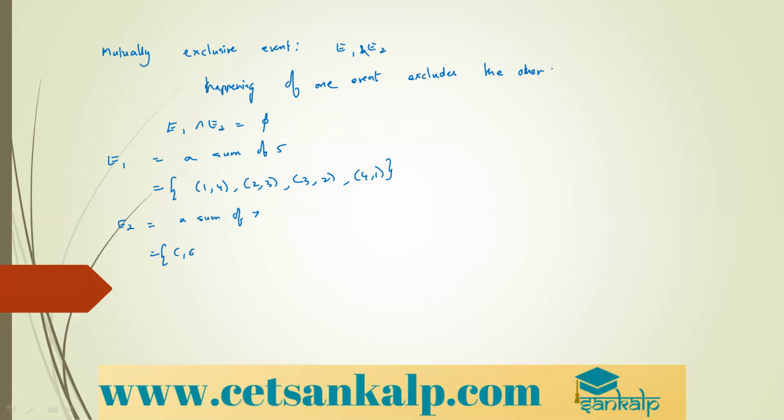So it has 1 plus 6, 7, 2 plus 5, 7, 3 plus 4, 7, 4 plus 3, 7, 5 plus 2, 7, and 6 plus 1, 7. You can see that there is nothing common in E1 and E2. E1 intersection E2 is empty. So we can say E1 and E2 events are mutually exclusive.